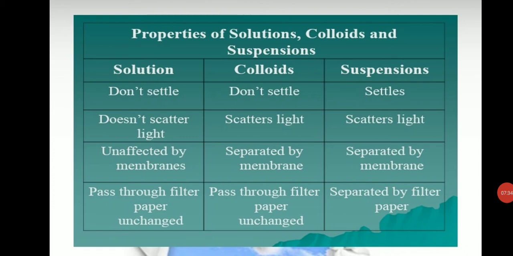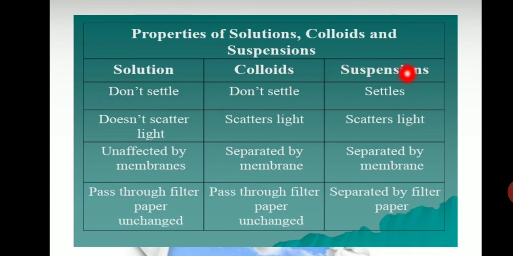So now we can distinguish the properties of solution, colloid and suspension. What type of mixture is a solution? It is homogeneous in nature. Colloids appear to be homogeneous but are heterogeneous in nature.